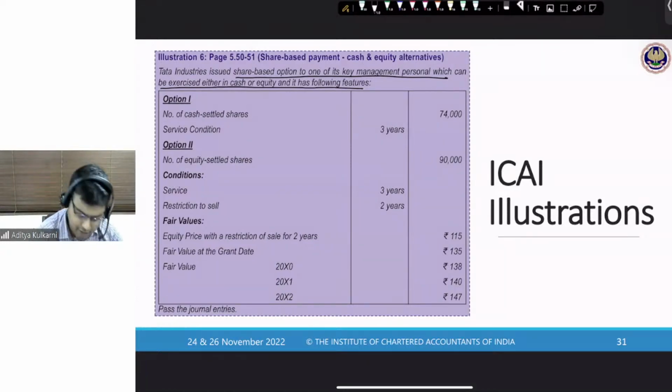Option 2, number of equity settled shares, 90,000. Conditions is service 3 years, restriction to sell 2 years. Fair values, equity price with a restriction of sale for 2 years, 115. Fair value at the grant date is 135. Fair value for X0, X1 and X2 is 138, 140 and 147. Pass the journal entries. Okay.